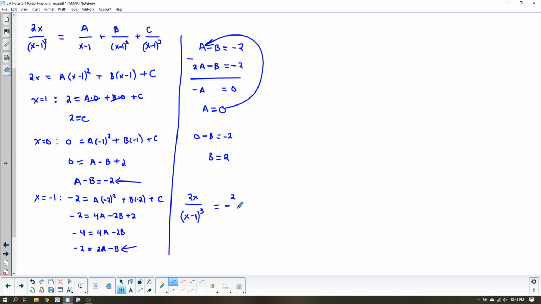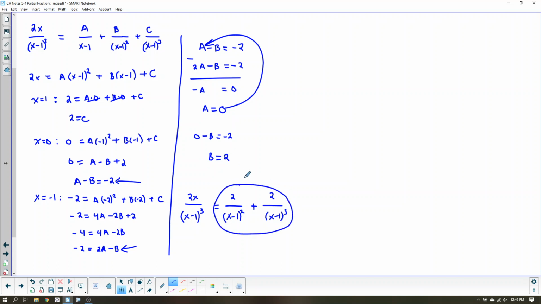Then we have 2 over x minus 1 squared plus the c, which was 2. Both of them were 2. So this is our partial fraction decomposition.